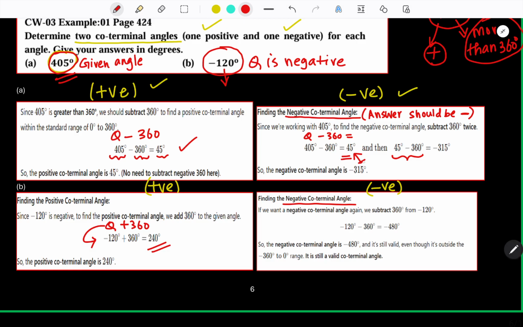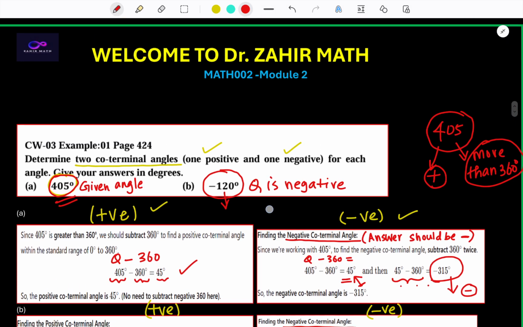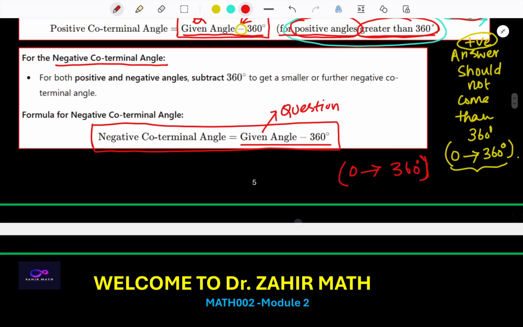So we got 45, and again 45 minus 360 is negative 315. So the answer is negative. Again, for a negative coterminal angle, the answer must be negative. According to the rule, it is given angle minus 360.